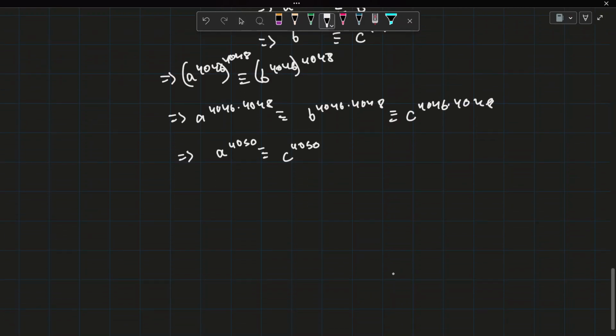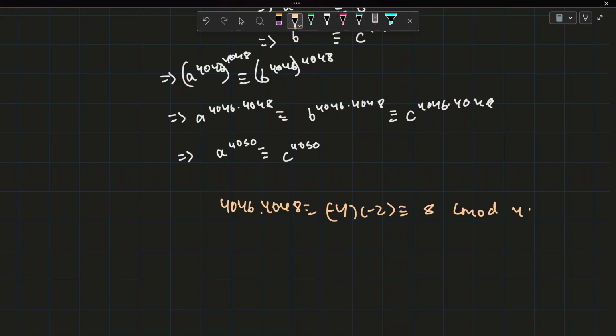So from these two, let's try to see something. Notice that 4046 times 4048 is congruent to minus 4 times minus 2, which is congruent to 8, and this is of course mod 4050. Okay, now this means we can write 4046 times 4048 to be some 4050k plus 8, and we will use that in the previous steps.